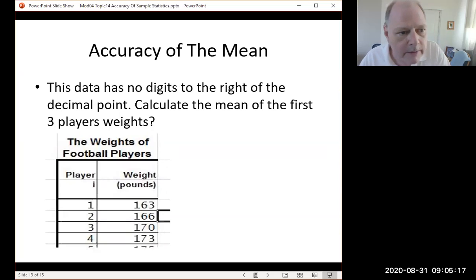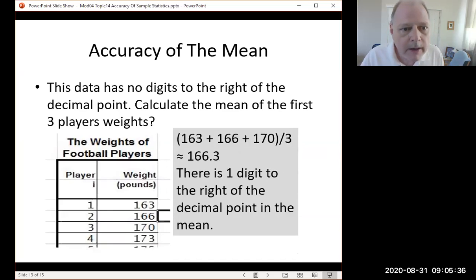Now this data, these weights of football players, does not have any digits to the right of the decimal point. So it's accurate to the nearest whole pound, or the nearest 1 pound. When we calculate the mean, we're going to go 1 extra digit and go out to 166.3 pounds, because there's 1 digit to the right of the decimal point.